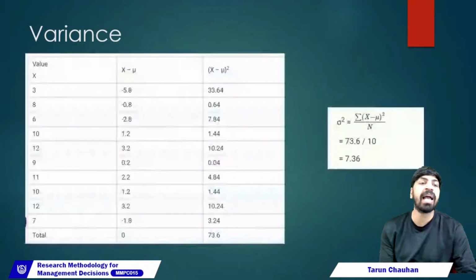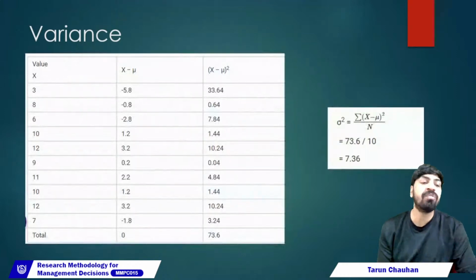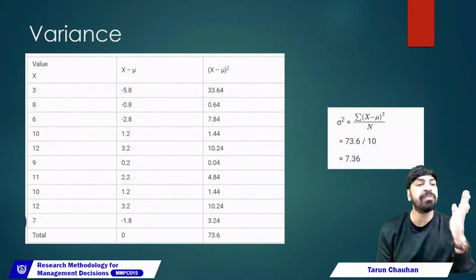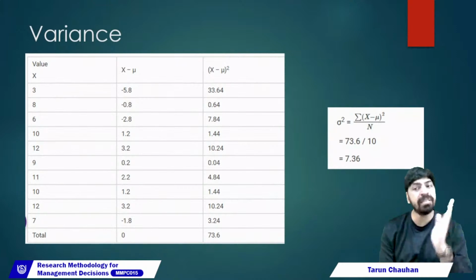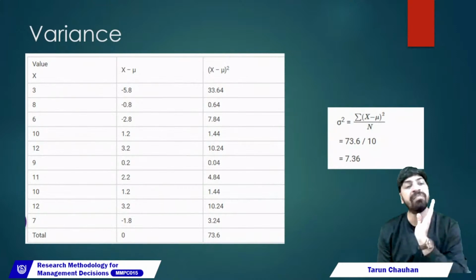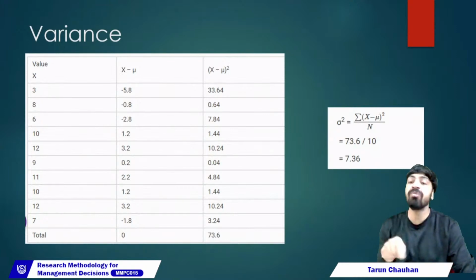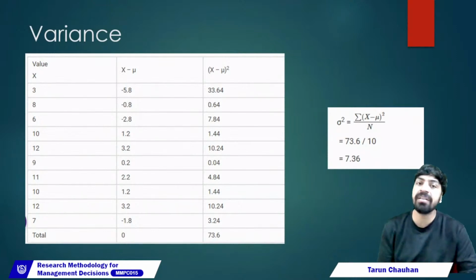The mean is already calculated, and the individual values of x have already been given to you. Just subtract the mean from each value, square it, and divide by the number of observations, and you will get the variance. When you take the square root of 7.36, you will get the standard deviation.